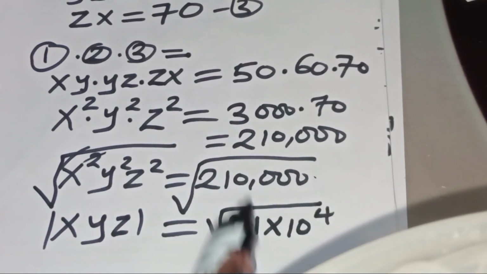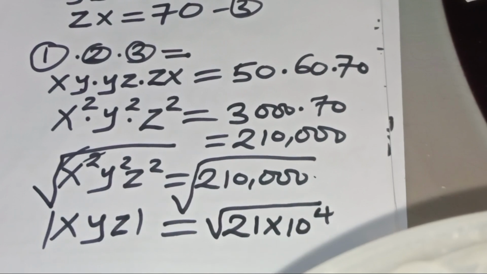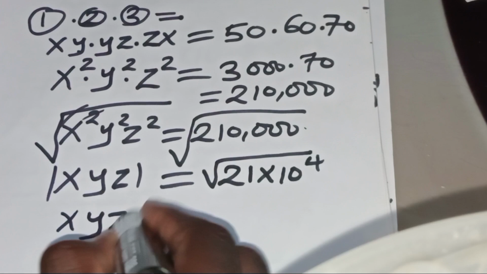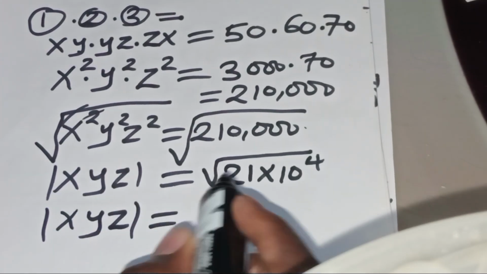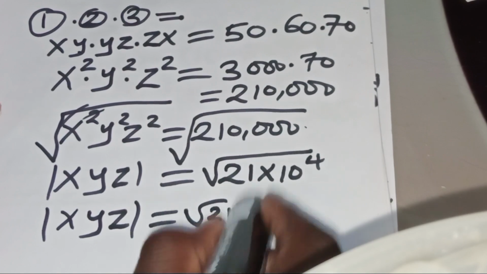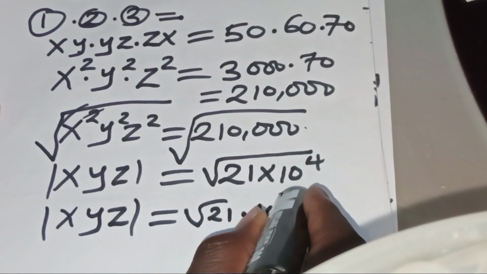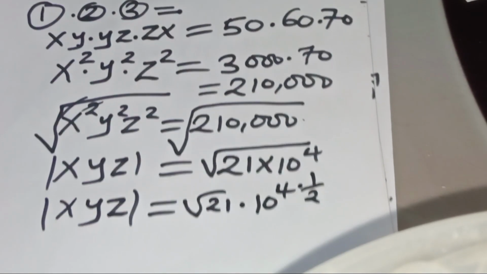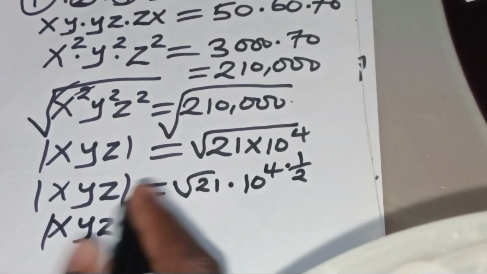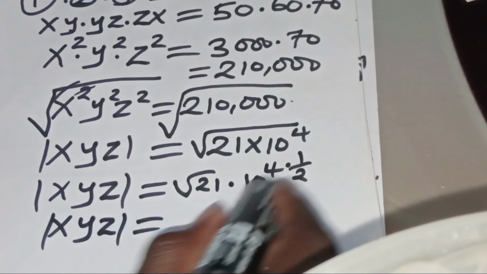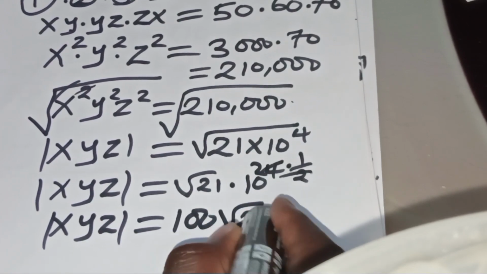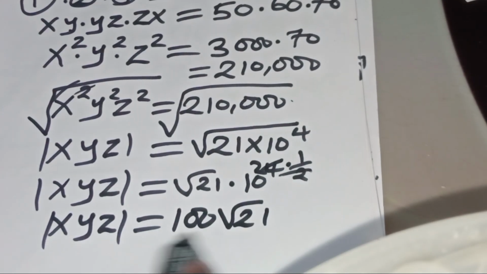So xyz is equal to the square root of 21 multiplied by 10 to the power 4 times a half. That means xyz is equal to 10 squared, which is 100, times the square root of 21.